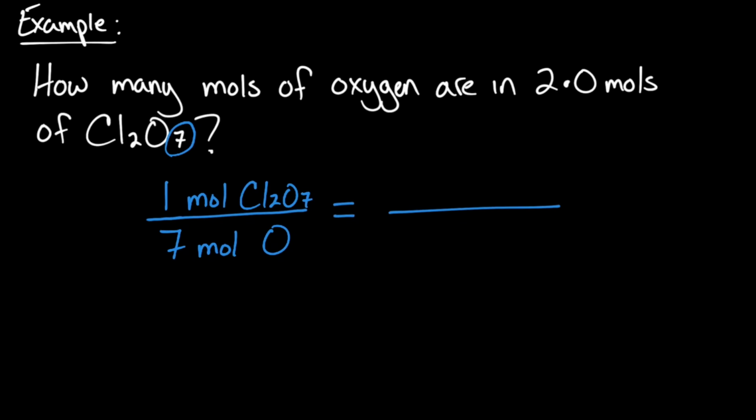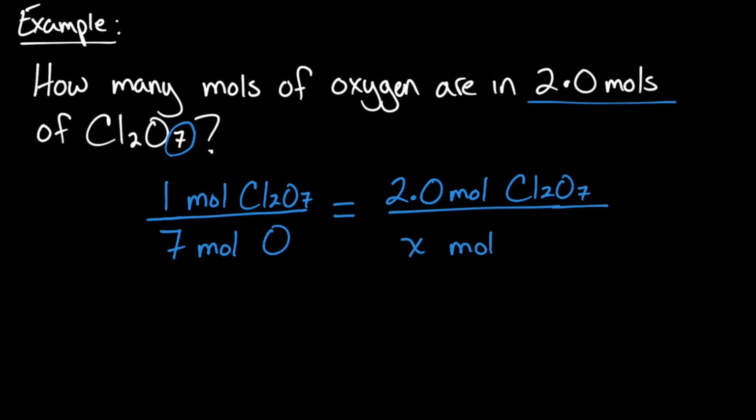On my equivalent fraction on the right, I'm going to put in the conditions that I'm given for the question. So in the question here, I'm told that I have 2 moles of Cl2O7. And we're going to solve for moles of oxygen, so we can just say X moles of oxygen. All right, now we get to do everyone's favorite thing.